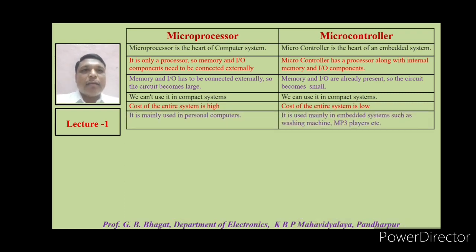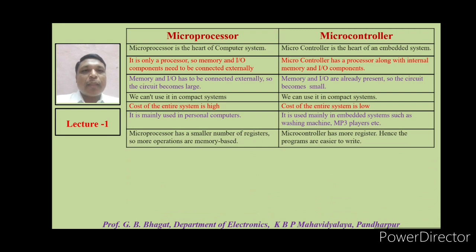The next, microprocessor is mainly used in personal computers, whereas microcontrollers are used in embedded systems such as washing machines, MP3 players, etc. Then microprocessor has a smaller number of registers so that more operations are based on the memory, while microcontroller has more registers, hence the programs are easier to write.